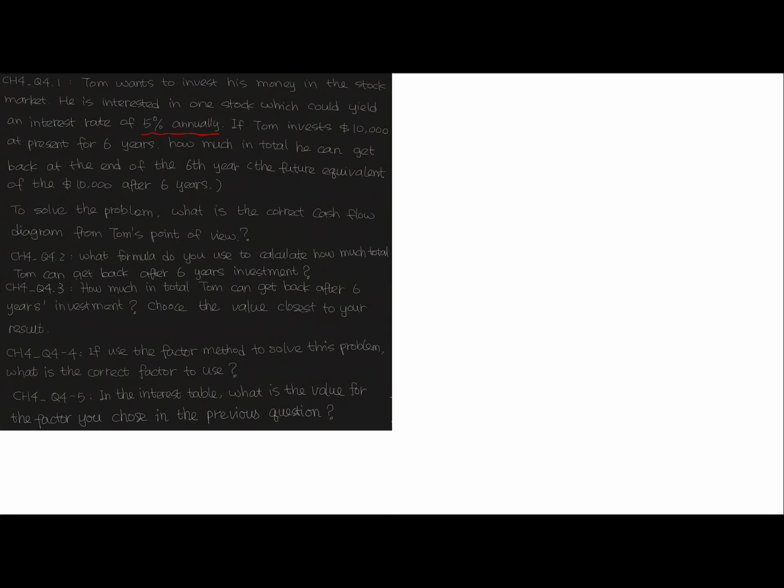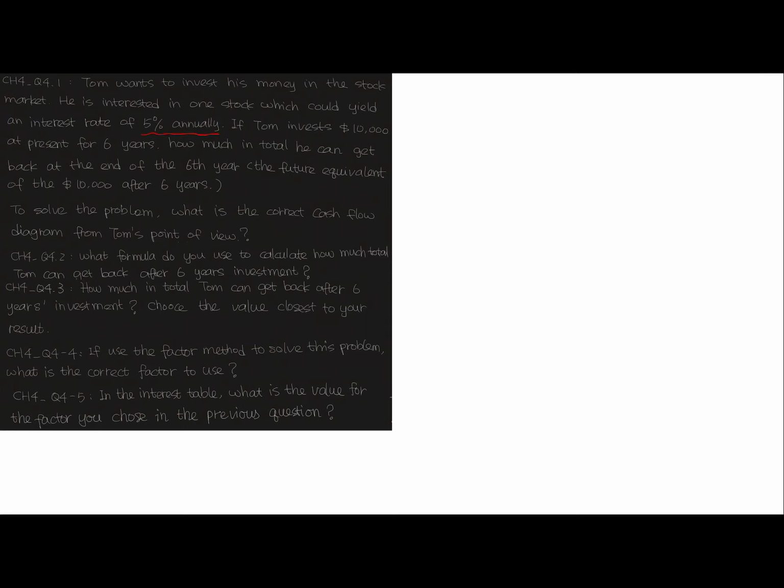So, to solve the problem, what is the correct cash flow diagram? Cash flow diagram problem. Okay, so now we want to draw this from Tom's point of view.